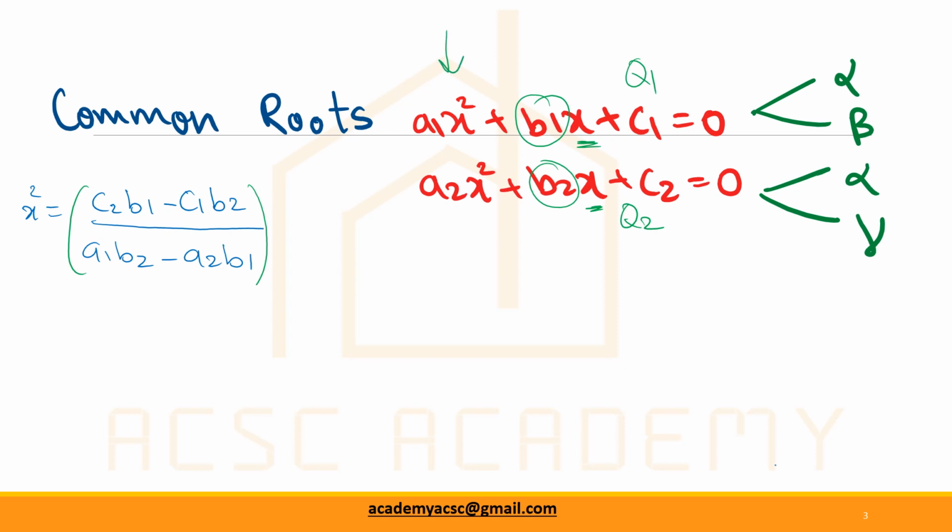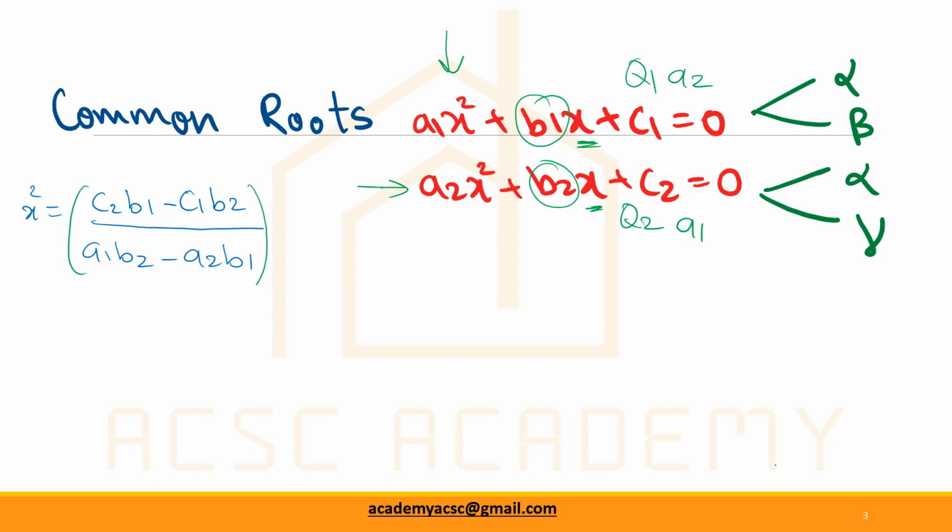We can do one more thing, which is we can have a look at this first term, the x squared. Can we eliminate this term as well? How is it possible? We can multiply this q1 with a2 and q2 with a1, and let us try to eliminate the first term. Then let's see what do we get.